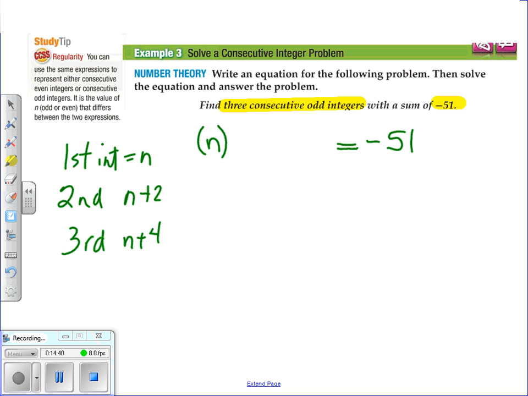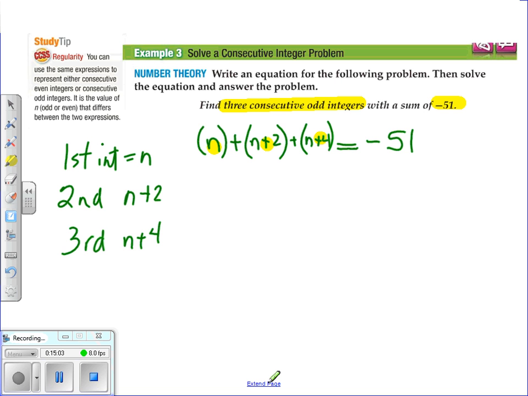So we have n plus n plus 2 plus n plus 4. This is our first integer. Here's our second integer. And here's our third integer. And all three of those integers added together equal negative 51.